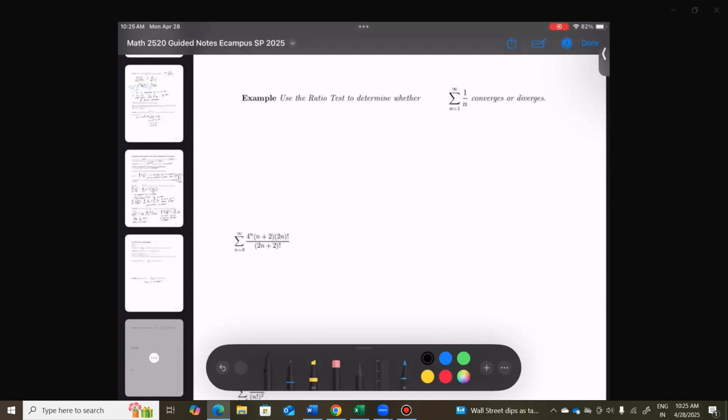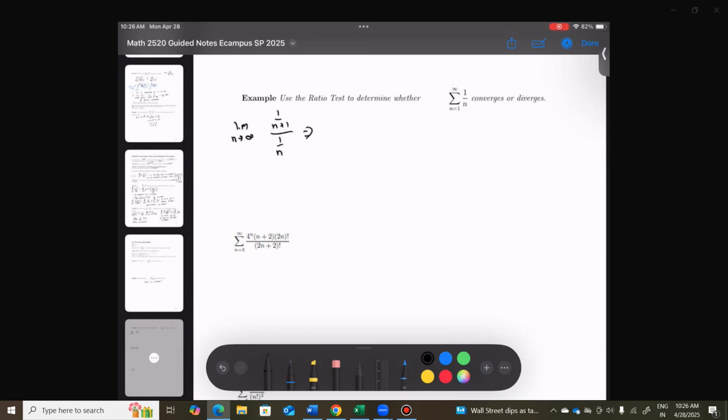Alright, so we'll do another example. This one's going to be 1 over n. Now notice there's no factorial sign, but this still can be something we try. Limit as n goes to infinity of 1 over n plus 1 over 1 over n.